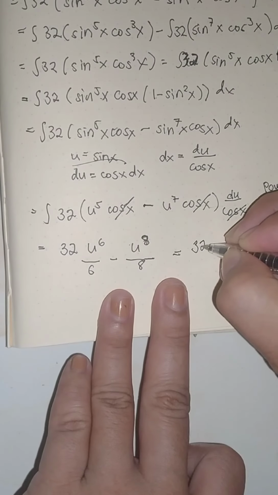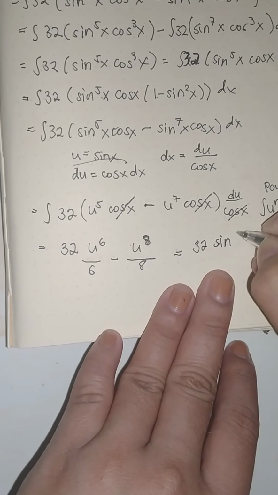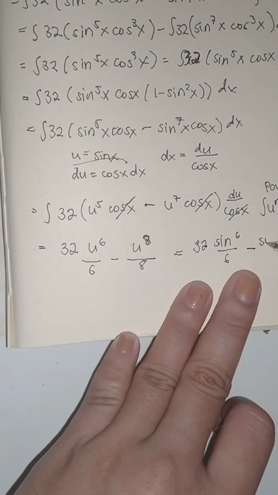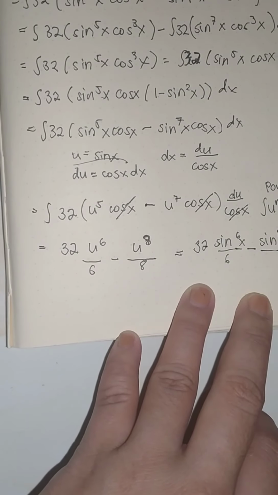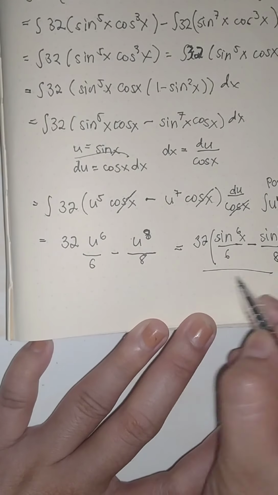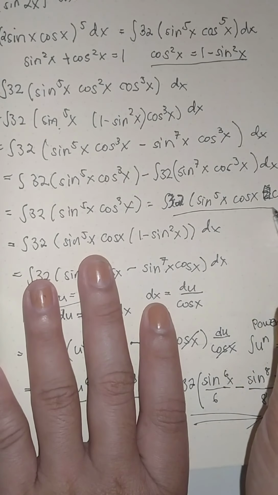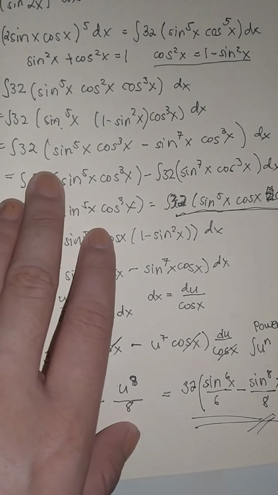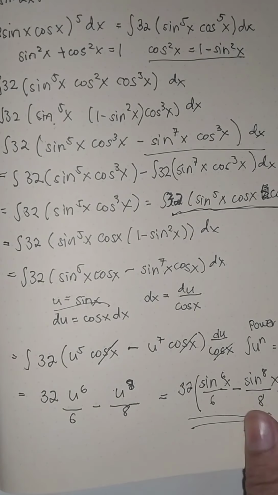So we have 32 sine raised to 6 x over 6 minus sine raised to 8 x over 8. But this is just one part. We also have this other part, sine raised to 7 cosine cube.